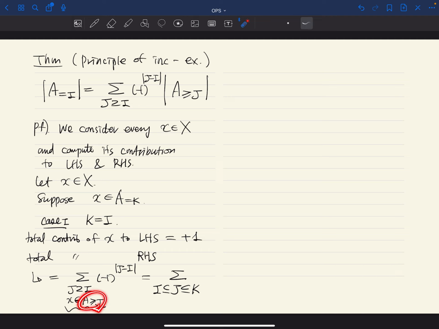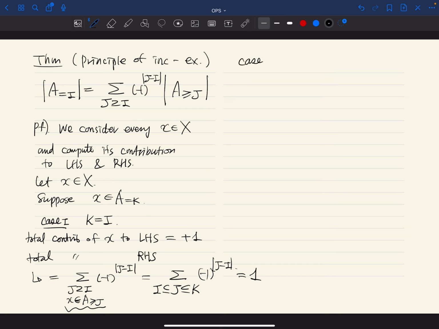But if j is bigger than k, or has something that k doesn't have, then x will not be counted there. But this and this are equal, so there's only one possible choice for j. J must be I. In that case, this is 0, so it's 1. So the total contribution is 1. So in that case, we covered.